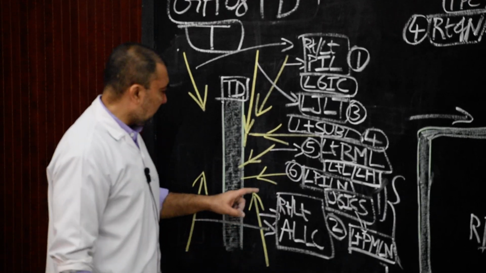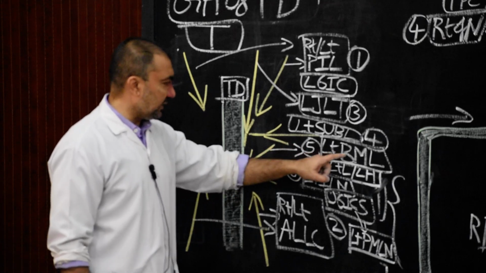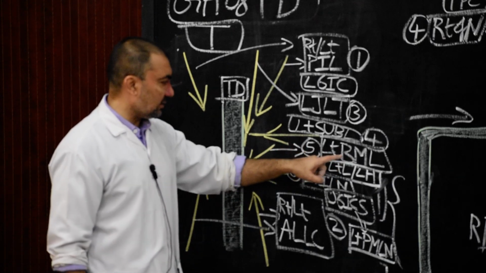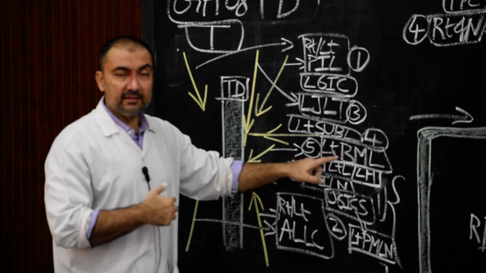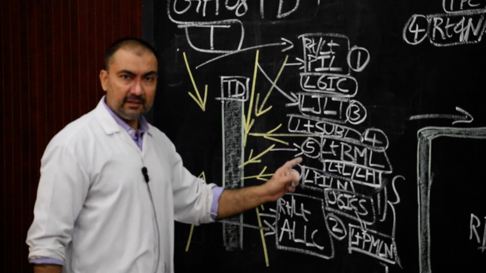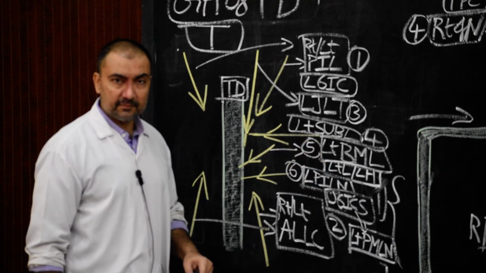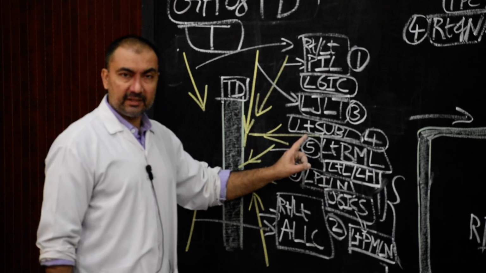Fifth tributary will be the left bronchomediastinal lymphatic channel or lymph nodes, draining the entire left lung and entire left side of the heart through the left bronchomediastinal lymph node. That is tributary number 5.